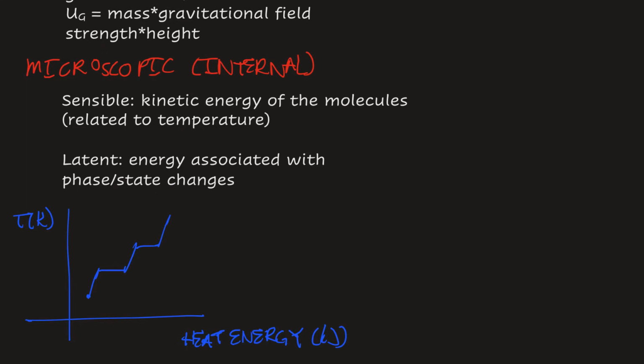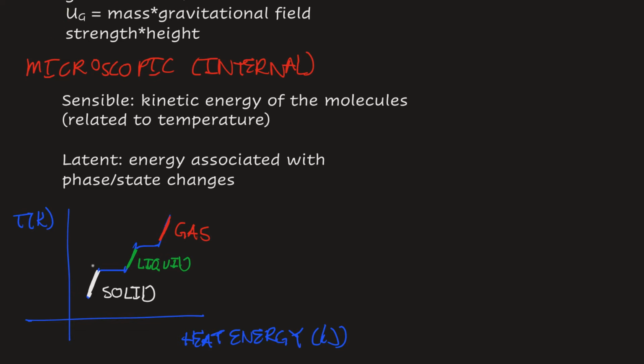And each of these slopey portions, so for example this one right here, represents a specific state. So this one is for solid, this one right here is going to be liquid, and this last one is going to be gas.